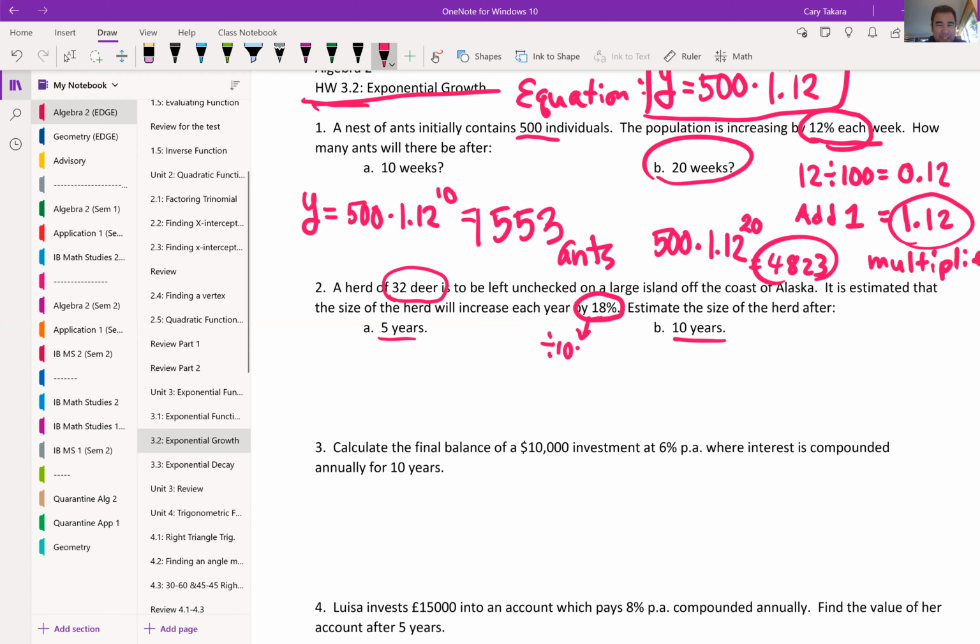And what do you get? You get 0.18. And then what's the second thing that you need to do? You need to add 1. So it will be 1.18. This will be the multiplier.